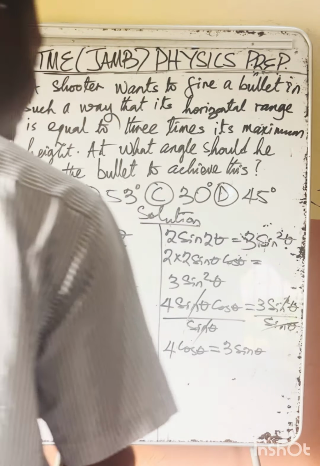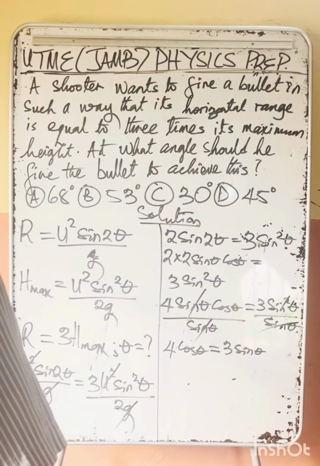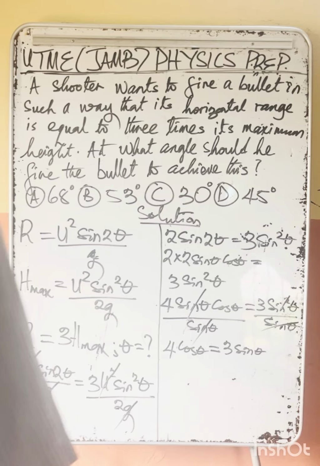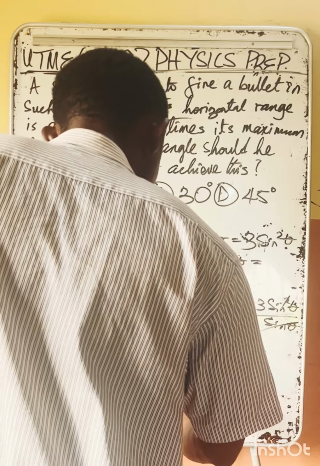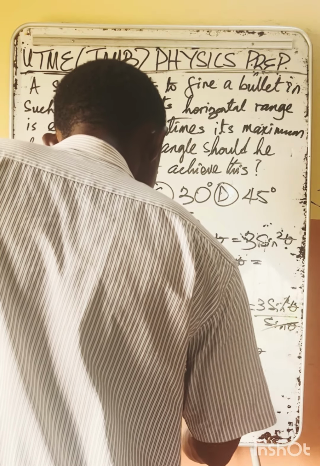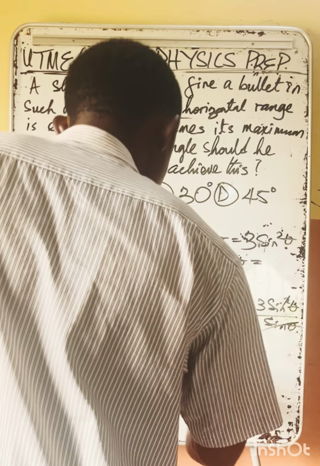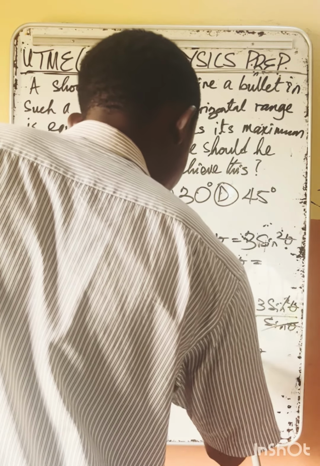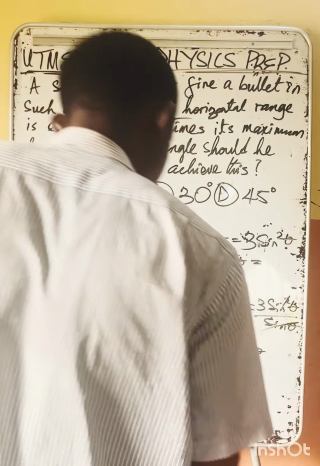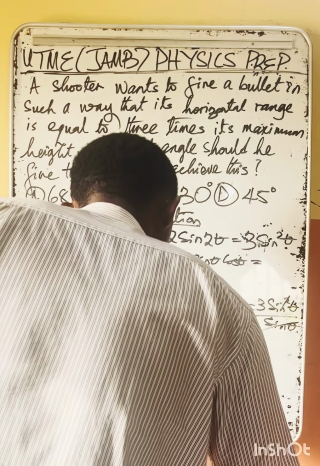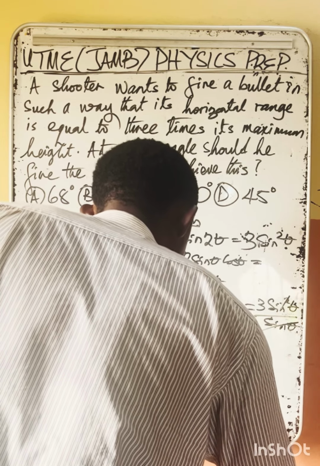Another trig identity tells us that sine theta over cos theta is equal to tan theta. So if that is the case, sine theta over cos theta, I've taken the cos over this way, so I'll bring it here to be equal to 4 over 3, which will leave us with tan theta equals 4 over 3.